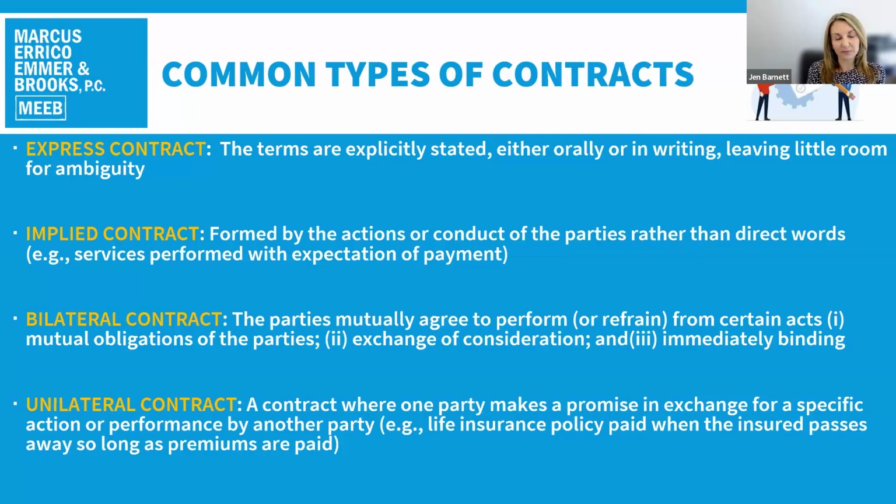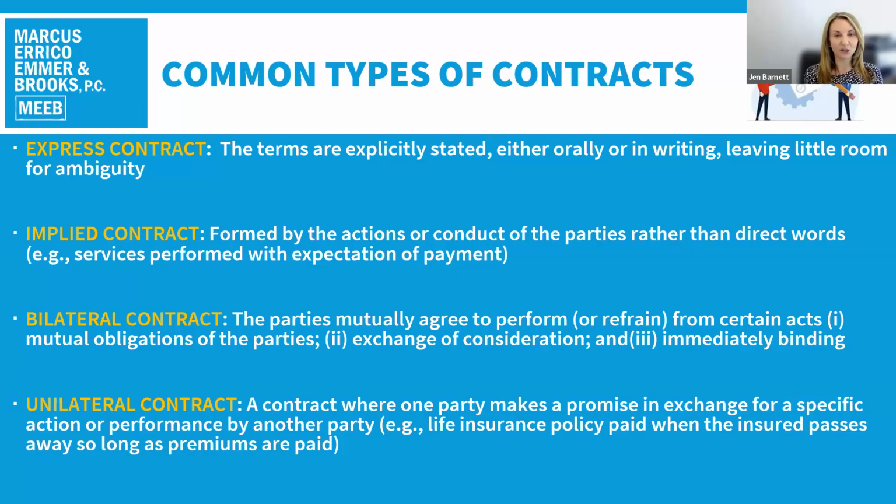Another example might be a sweepstakes. If you enter into a contest, you don't have a right to prevail or to any type of award unless you're selected by the company running the contest.